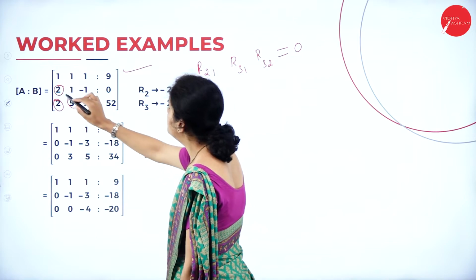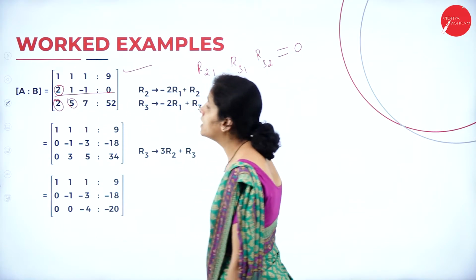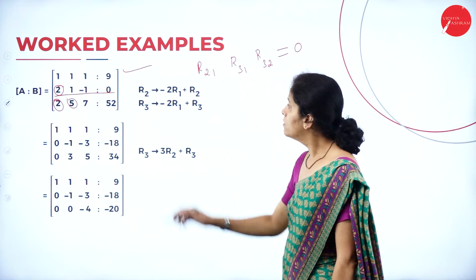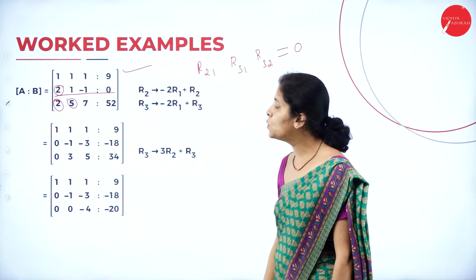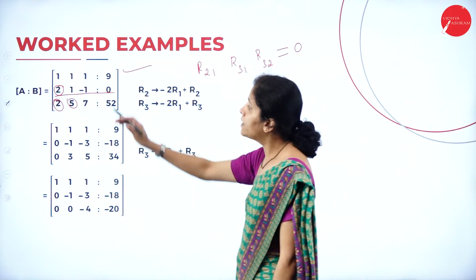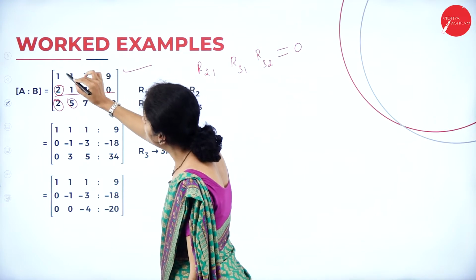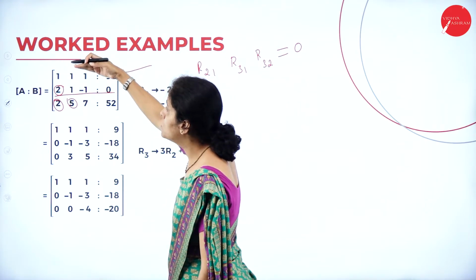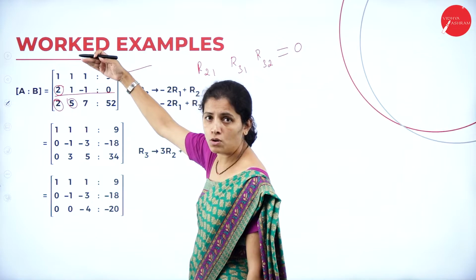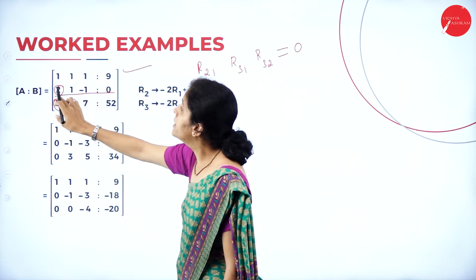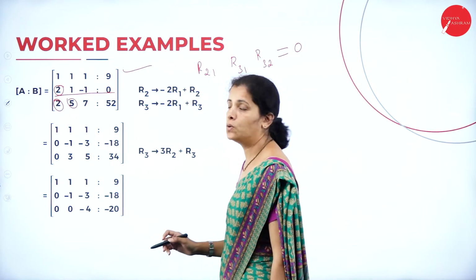First I want to consider row 2. For my row 2, I'm going to consider the first row. By using the first row, I'm trying to make these elements 0.